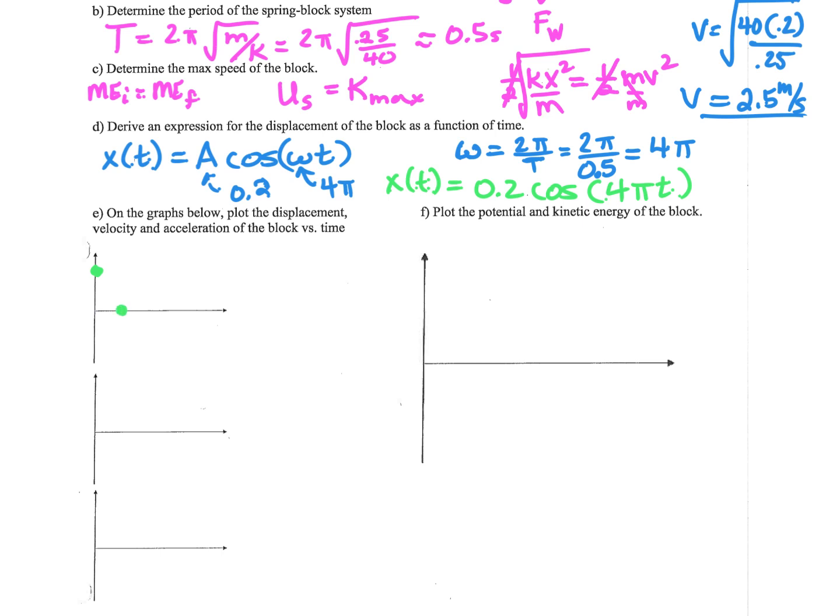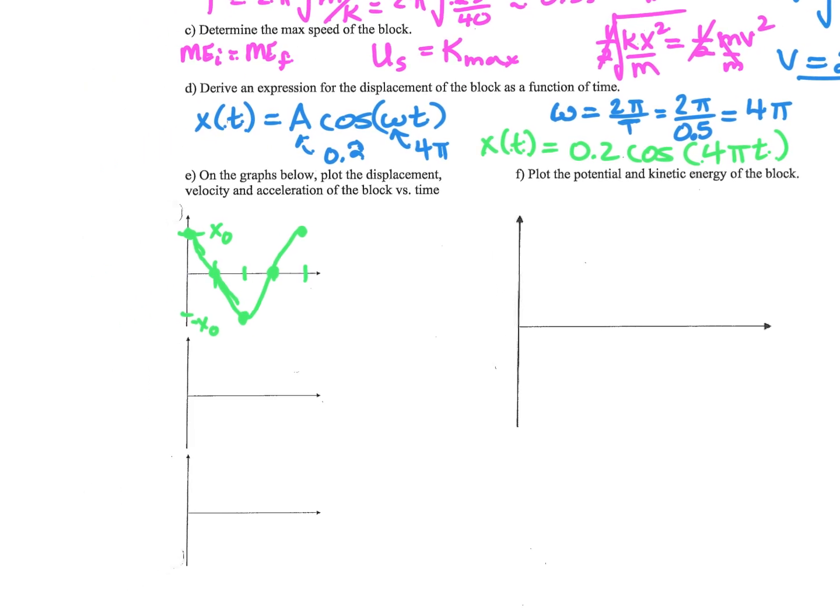The second chunk, it's now opposite that. So if this is at x naught, this is at negative x naught, then it's going to go back to equilibrium, and then it's going to go back up here again, isn't it? So it's going to look like this, isn't it? So this is displacement over time. This would be in meters, and this would be in seconds.